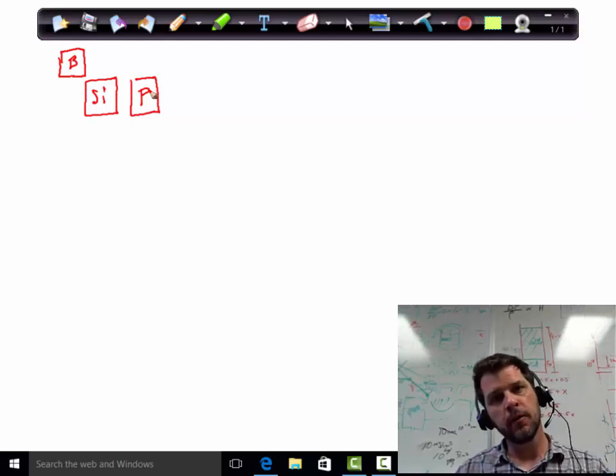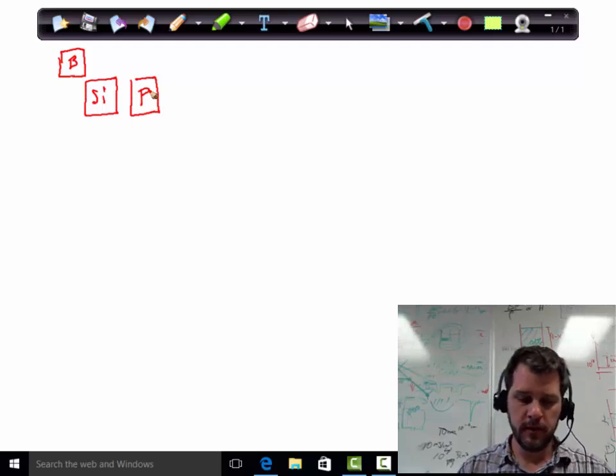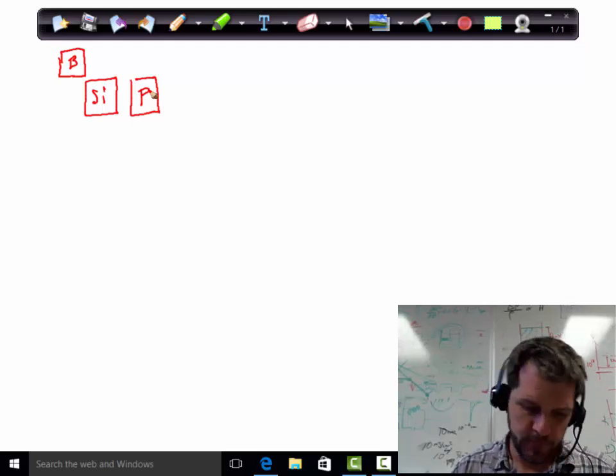So phosphorus has one more valence electron than silicon, whereas boron has one fewer.